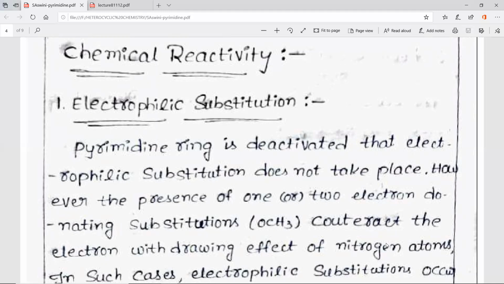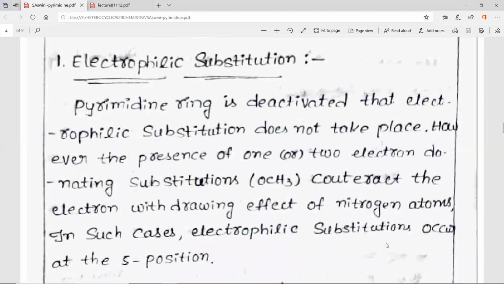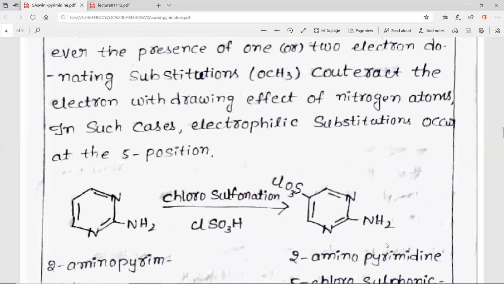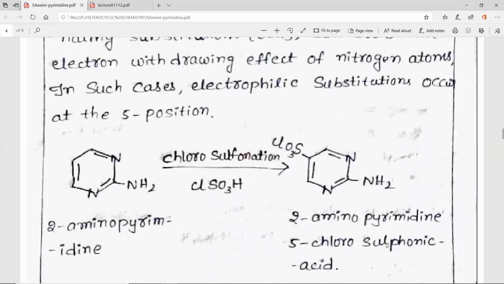However, presence of 1 or 2 electron donating substituents like OCH3 counteract the electron withdrawing effect of nitrogen atoms, and in such cases electrophilic substitution occurs at the 5th position. This is an example: a pyrimidine ring containing an electron donating amino group. When an electron donating group is present, the ring is activated towards electrophilic substitution.